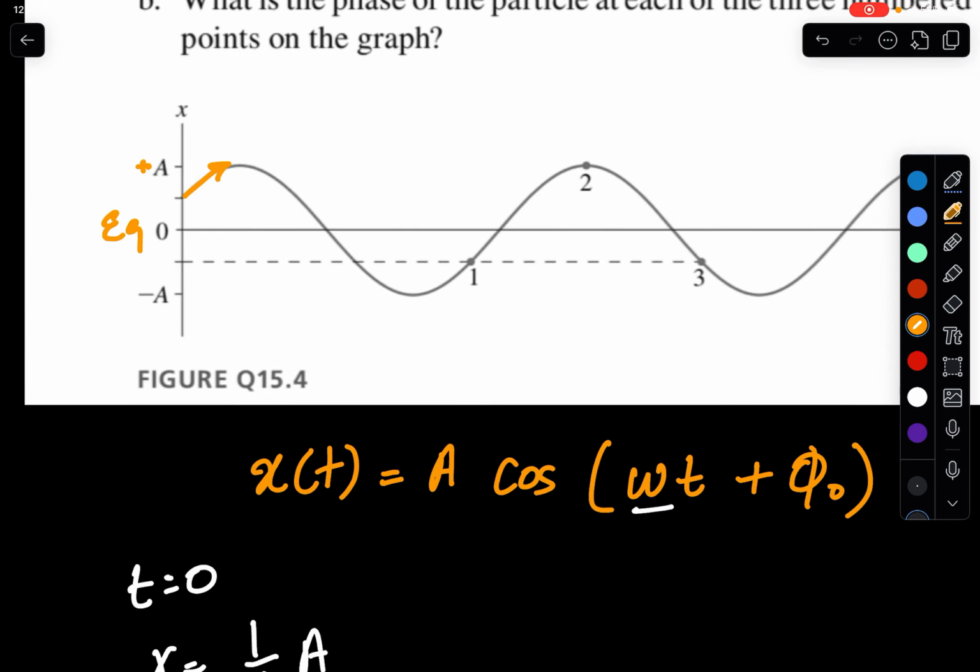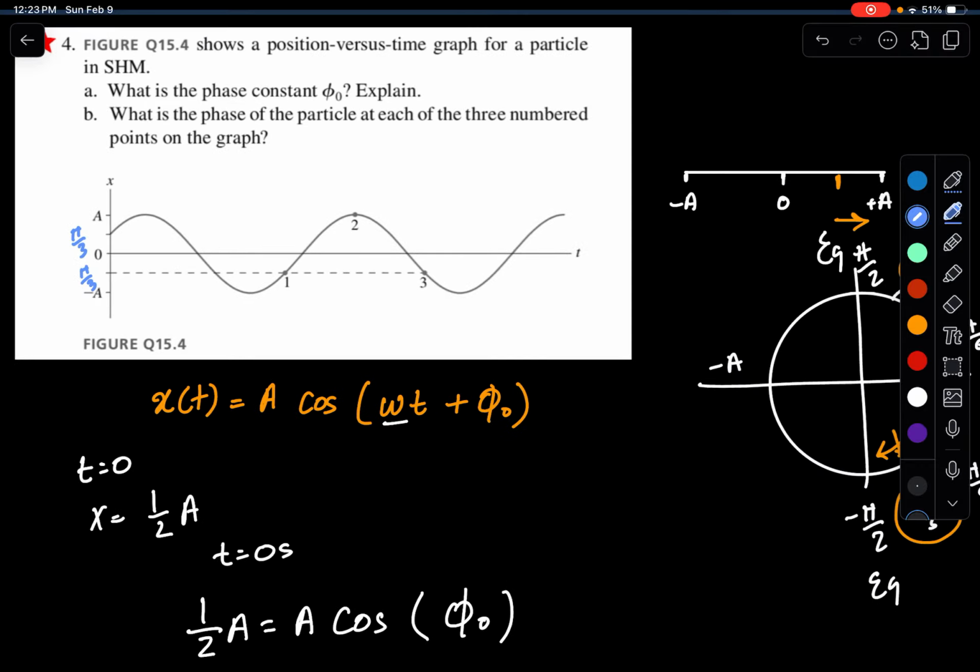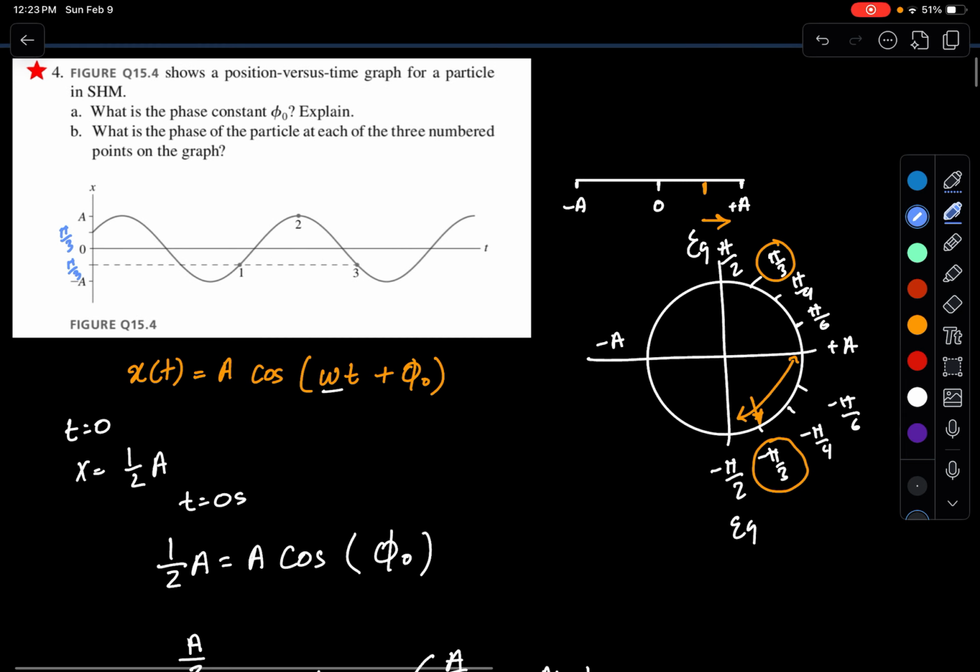We know by now that this point here is basically not the middle of the amplitude and the equilibrium. It's actually pi over 3. And here is pi over 3. Let's go back to our reference circle.